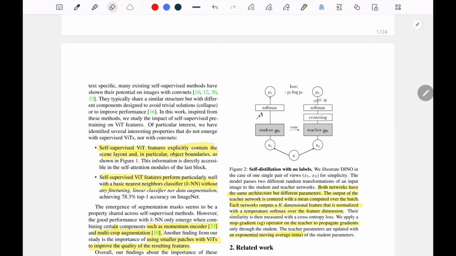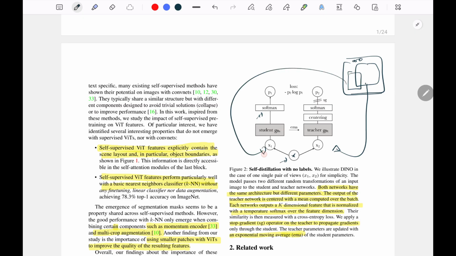At a top level, they pass an image, and this passing has a bit of intricacy, but initially suppose you take a big crop, which is 50% or more, and pass it through the teacher, and you take a smaller crop and pass it to the student.